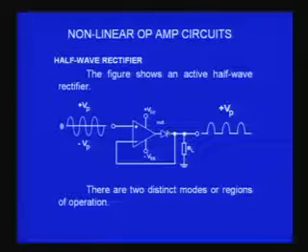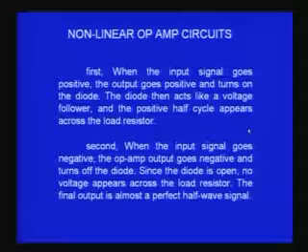Once I have a half wave rectified signal, then I can have all the application circuits of the diode that we have already discussed in the earlier lectures when I discussed the semiconductor diode. So, this circuit corresponds to a half wave rectified signal. I have explained here on the screen, when the input signal goes positive, the output goes positive also and turns on the diode, and the diode then acts like a voltage follower, and the positive half cycle appears across the load resistor.